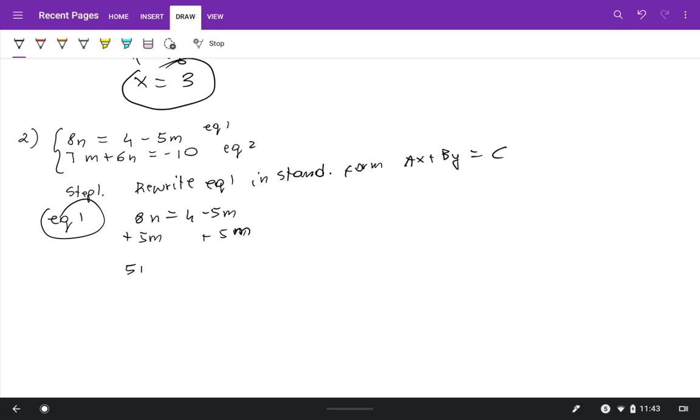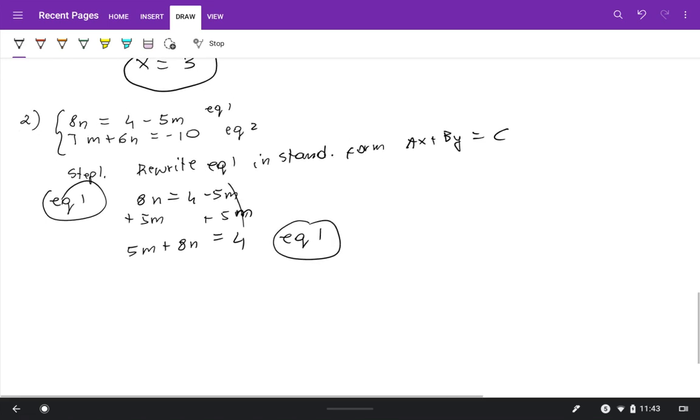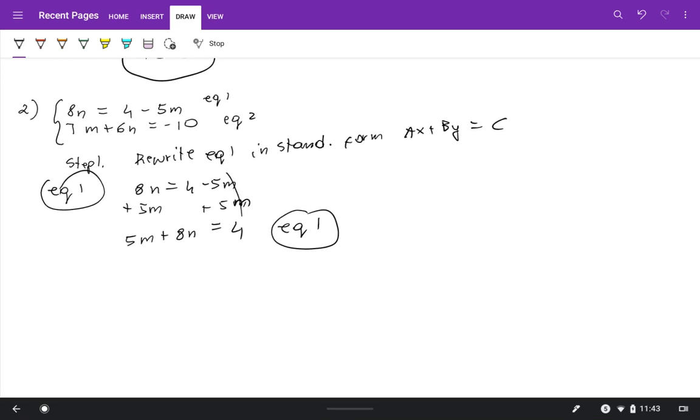So we have 5m plus 8n equal 4. So that will be my equation 1. Now let me rewrite the system. We have 5m plus 8n equal 4. Copy equation 2, which is 7m plus 6n equal negative 10. So we have equation 1 and equation 2.